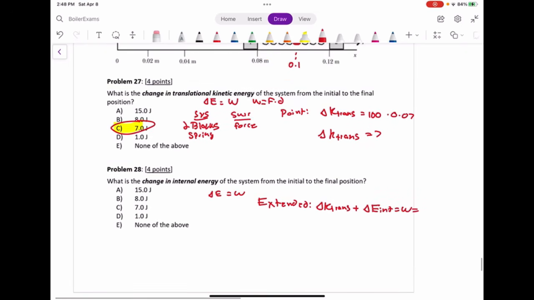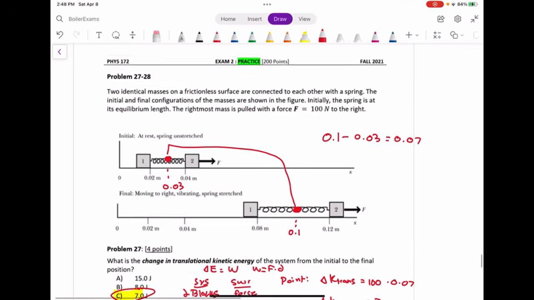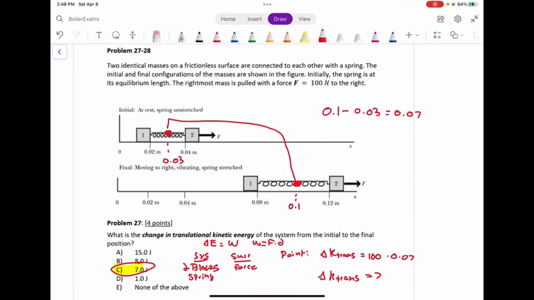What is that work going to be equal to? So when we're looking at the extended system, we care about the total distance the force was pulled through. As opposed to looking at just the center of mass, which we did earlier, let's look at the full distance the force is pulled through. Well, where was the force pulled? It was pulled from the front of this block to this, right?